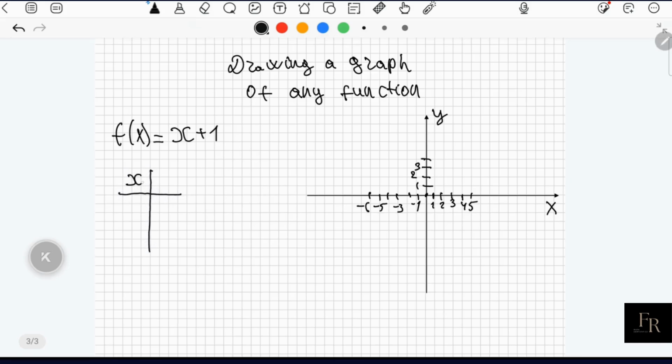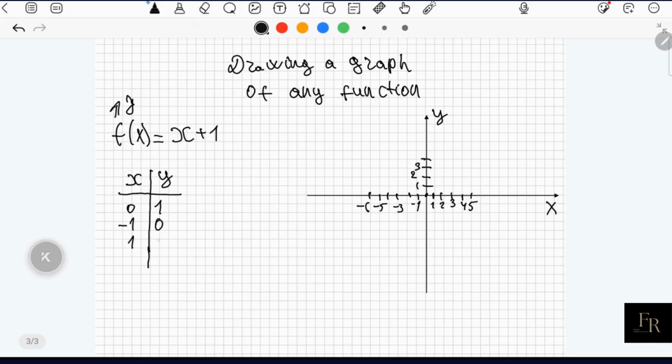This is x and this is y. So the first point is 0. Then when x is 0, y becomes 1, remember f(x) is also y. When x is -1, then y is 0.